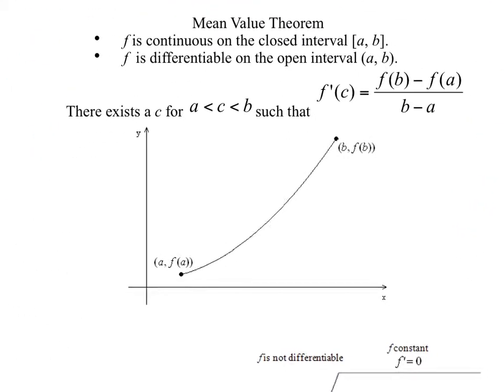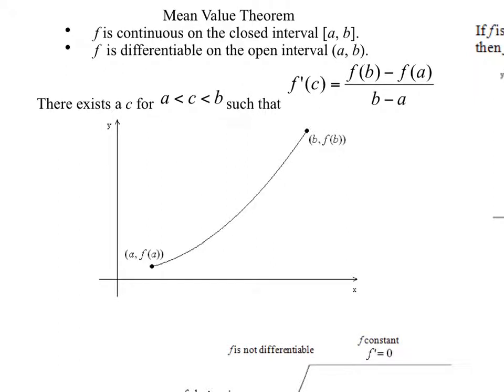The mean value theorem, it has those same two stipulations. So f is continuous, so we can draw it without picking our pen off the paper. F is differentiable, we can take the derivative at any point from a to b. And it says if we connect those endpoints, so if we found the slope between those two points, so our average rate of change, then there is some x value between a and b.